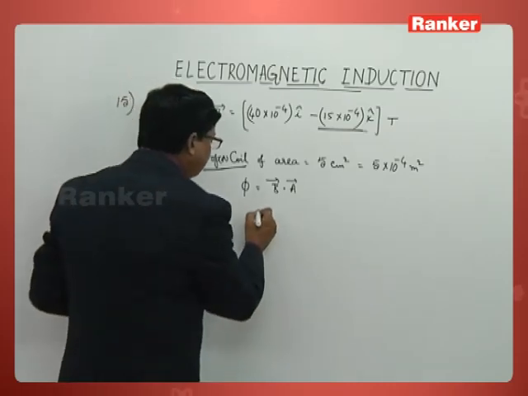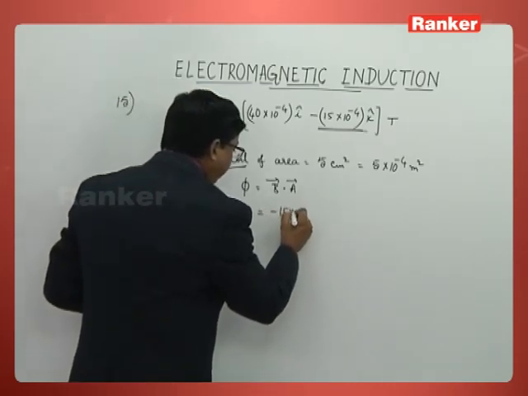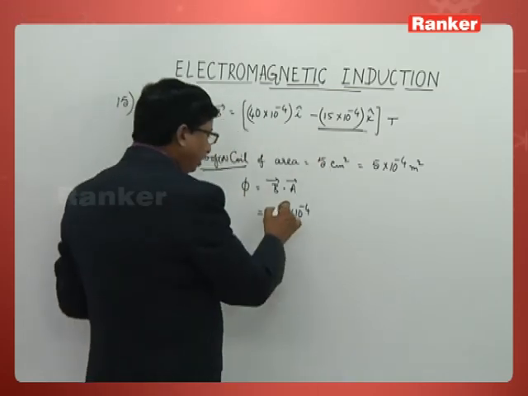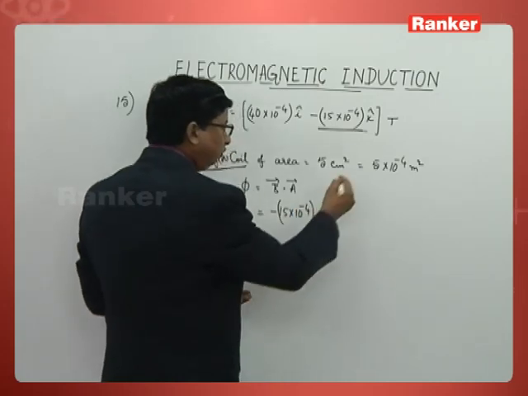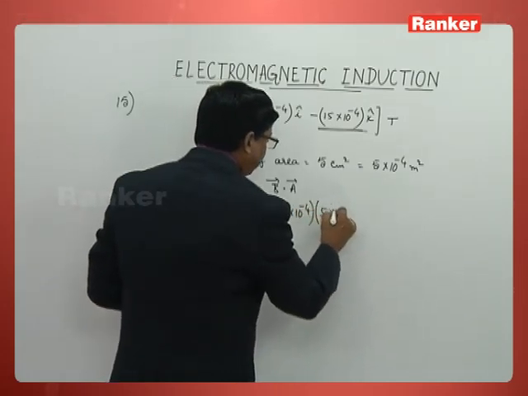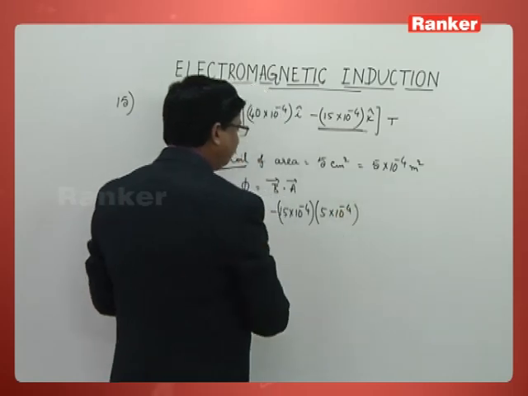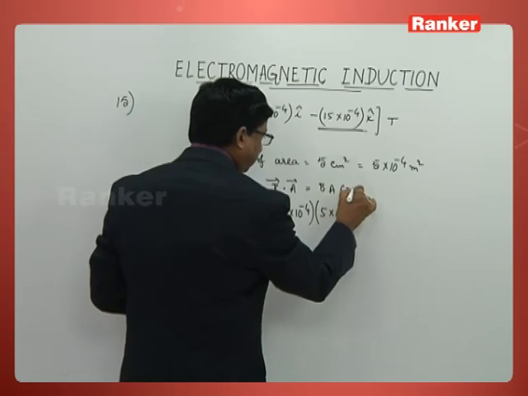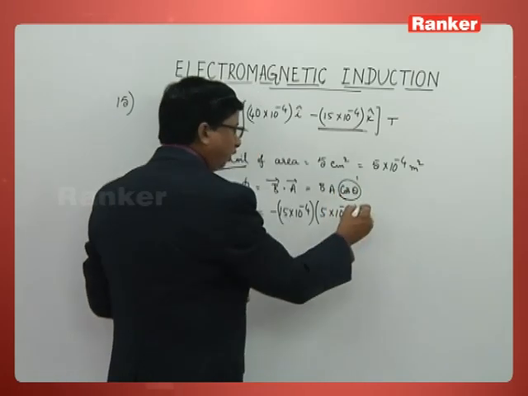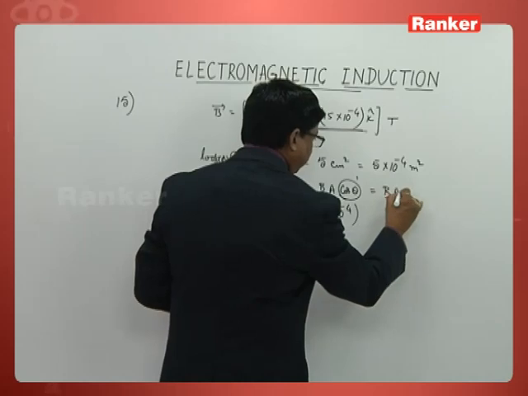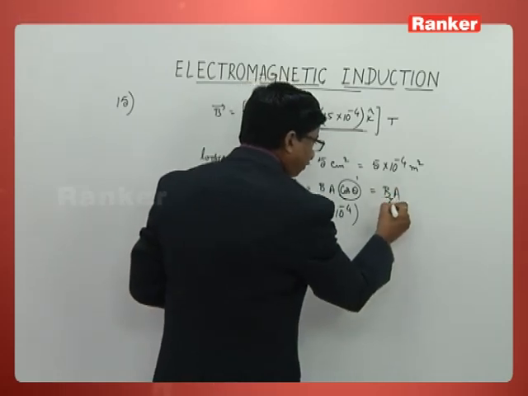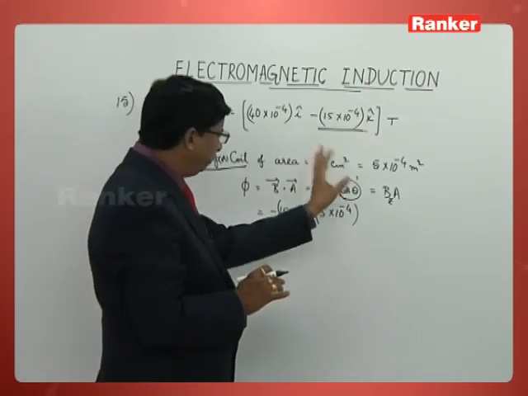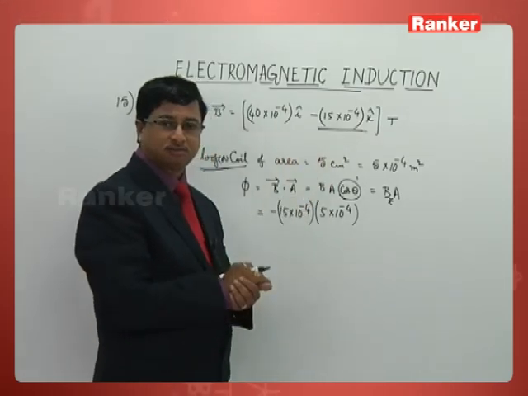That value is minus 15 into 10 power minus 4, into the other one, 5 into 10 power minus 4. Actually B dot A is BA cos theta, and cos theta is 1, therefore it is BA. Which axis value of B do we have to take? Bz into A. That's the only point you should understand, nothing else.